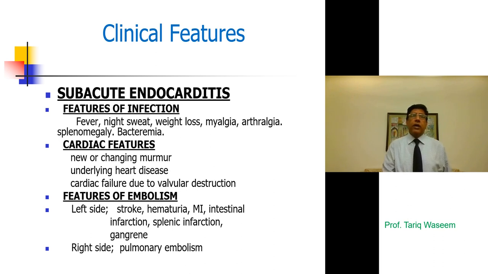In right-sided endocarditis, particularly in IV drug abusers, or with tricuspid valve involvement, the vegetation would go to the pulmonary circulation and can lead to formation of a lung abscess or a pulmonary infarct, or may cause pneumonia, or if it's a large one, a massive pulmonary embolism.